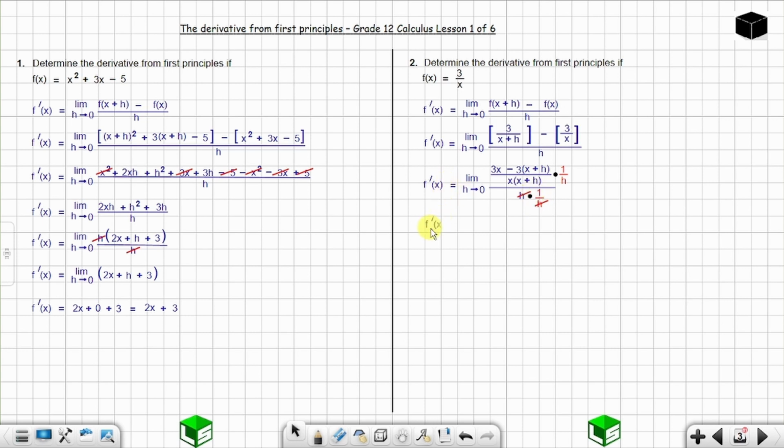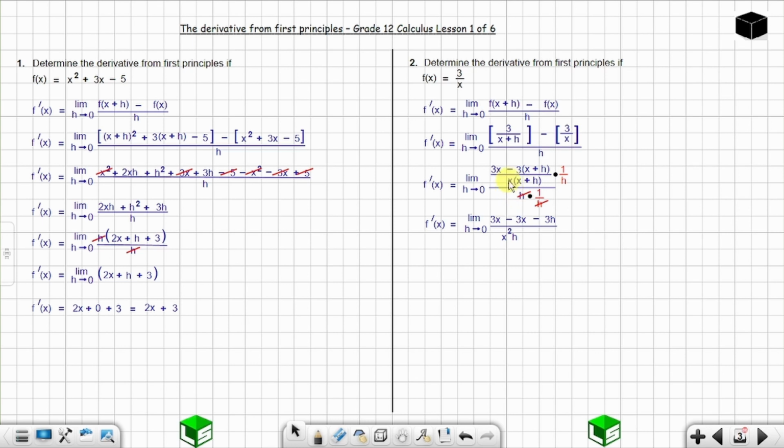So let's carry on. F prime of x is equal to the limit as h goes to 0. Now you have 3x times 1. It's 3x. You have minus 3 times x times 1, which is minus 3x. You have minus 3 times h times 1, which is minus 3h, over x times h, so you have x squared h.